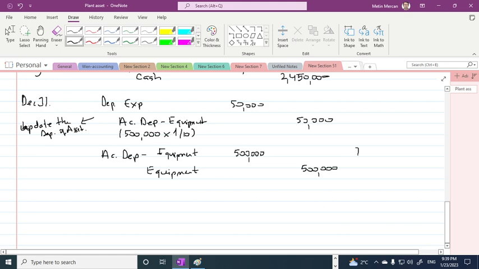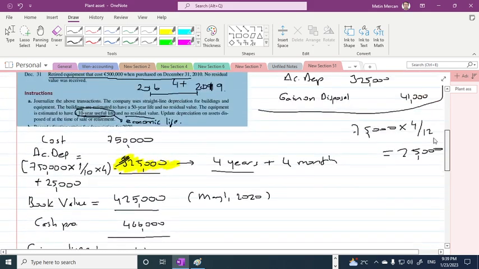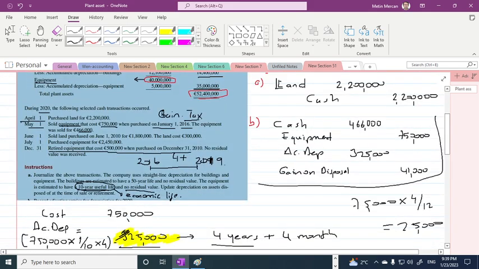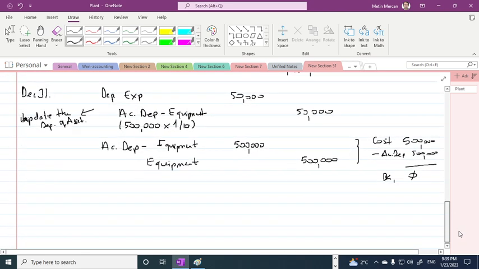In this case, the cost is $500,000 and accumulated depreciation is also $500,000, so the book value of this asset will be 0, because it says retired equipment that cost its historical cost when purchased 10 years ago, no residual value is received. So the company is not receiving anything from this.